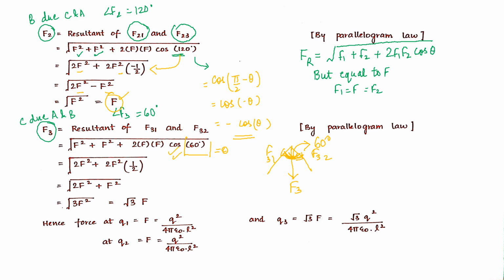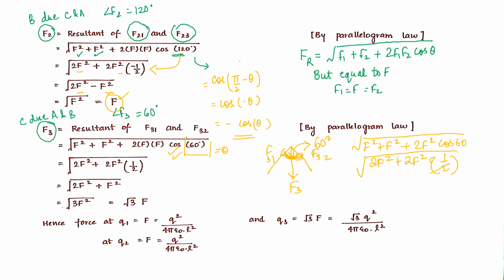I will solve it for you, just come to the right corner of the slide. F square plus F square plus 2F square cos 60 degrees, all under the root. And it becomes 2F square plus 2F square times cos 60 degrees, which is 1 by 2, under the root.